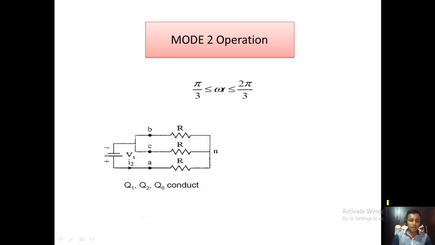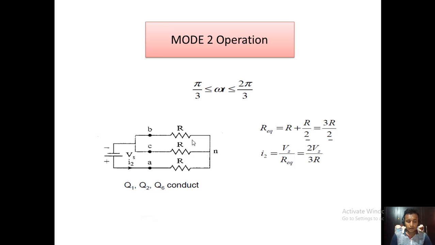Now similarly, we have to find the equivalent resistance. The equivalent resistance of this combination is a series resistor R and this parallel combination R by 2, that is 3R by 2. And if we find the current I2, then I2 is equal to Vs divided by the equivalent resistance, which is similar to mode 1, that is 2Vs by 3R.